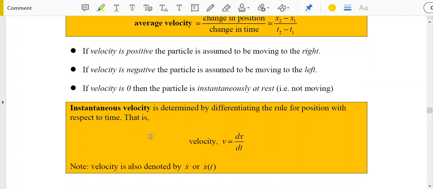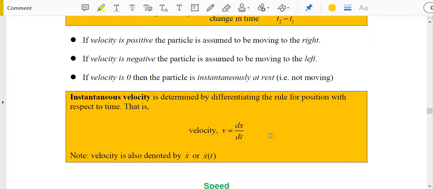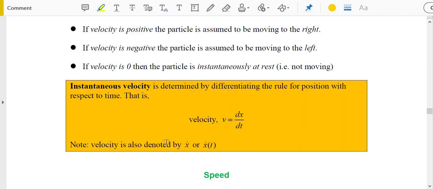So here is the definition here. Velocity can be determined by the rate of change of position with respect to time. So that's velocity, v equals dx/dt. This is a function that we're going to be using. Now we can also use some different notation rather than just dx/dt. We could actually say that velocity is x dot, with a dot on the top.